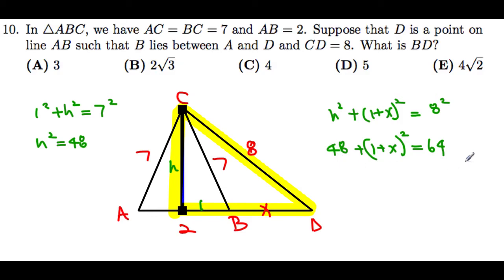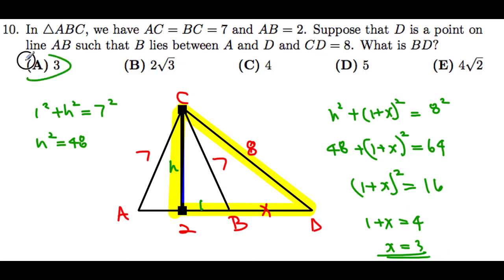So as we subtract 48 from both sides, we realize that (1 plus X) squared is equal to 16. Then you realize that 1 plus X has to be equal to 4. Then what's the value of X? X must be equal to 3. So 3 becomes our answer.